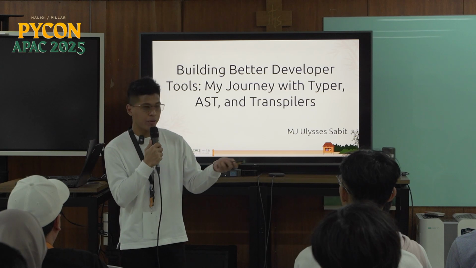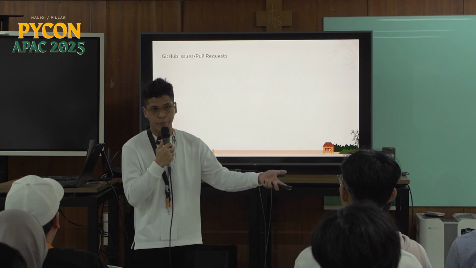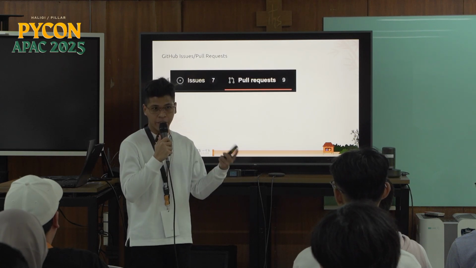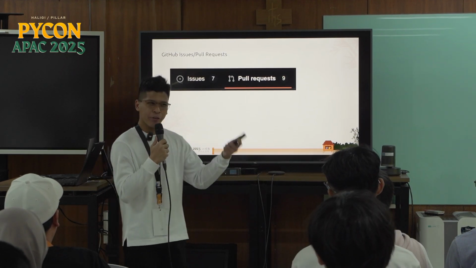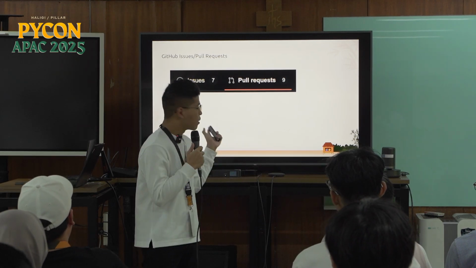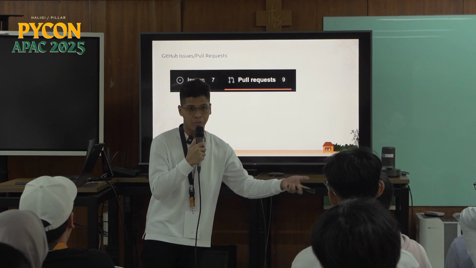So the thing about GitHub is that it's a Git hosting platform, and there's this concept called issues and pull requests. Issues you can think of as problems, and pull requests you can think of as proposed solutions to these problems.